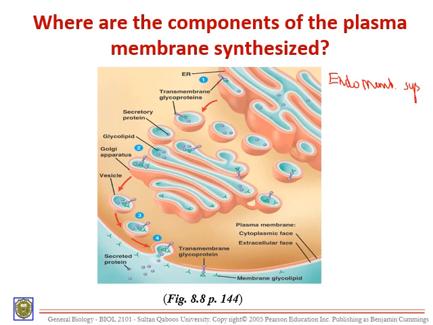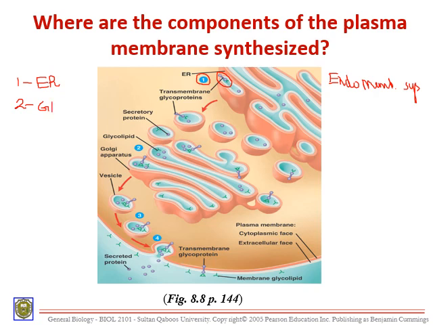Okay, let's start with number 1 here. You can see that the endoplasmic reticulum produces the transmembrane glycolipids and the transmembrane glycoproteins. So number 1, synthesis in the endoplasmic reticulum. What's the next destination? The next destination is the Golgi apparatus.